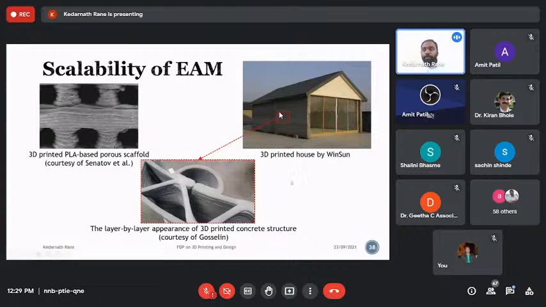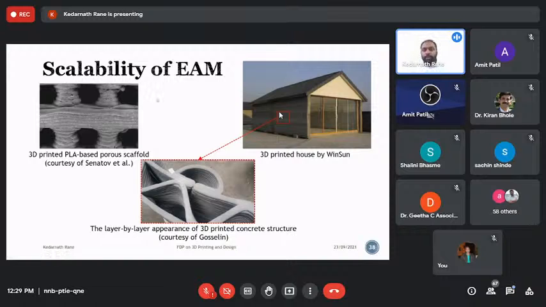At the other extreme end, people are producing big structures like houses using this technology, but again they are using concrete, not metals and ceramics. So the process is scalable.